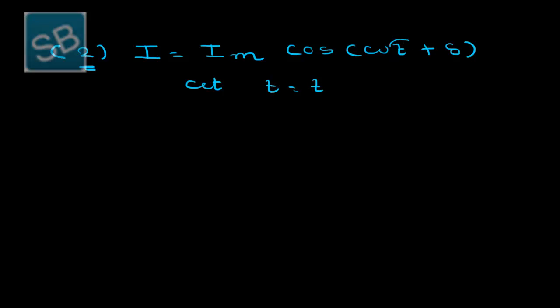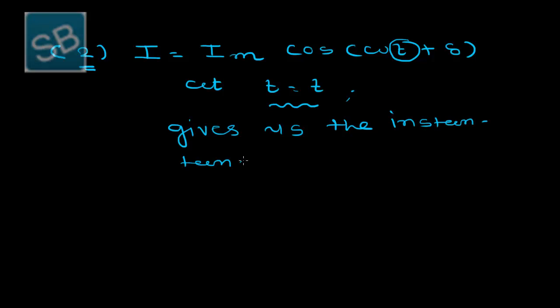The second observation is in this way. The harmonic function which you have considered is at a particular time t, as you can see from this value, and so this gives us the instantaneous value of I. Here the instantaneous value of I we can also obtain for different time intervals.